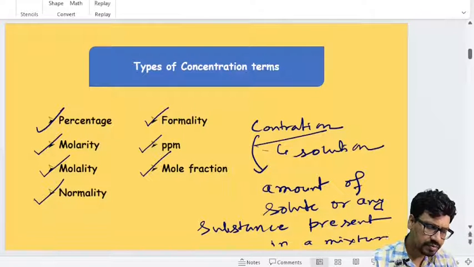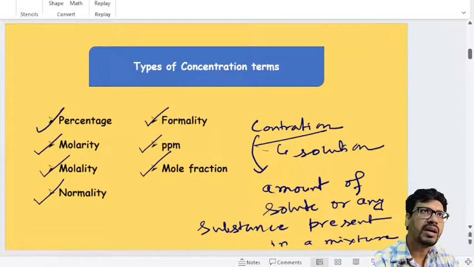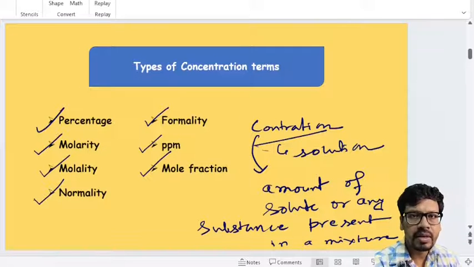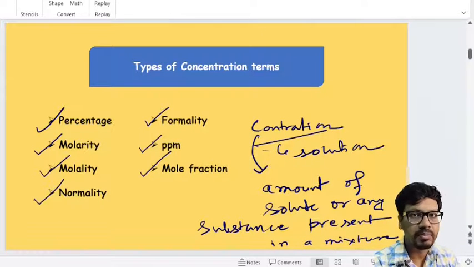Later, basically in the chemical equilibrium chapter, you will know the concentration term. Basically, concentration is called active mass.